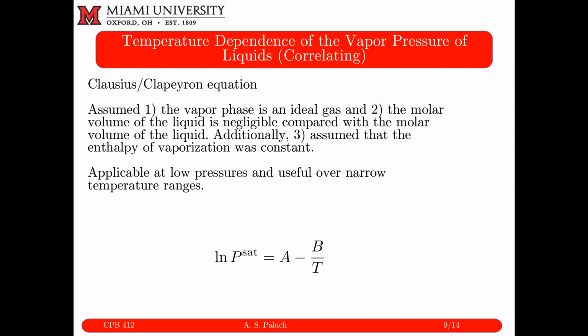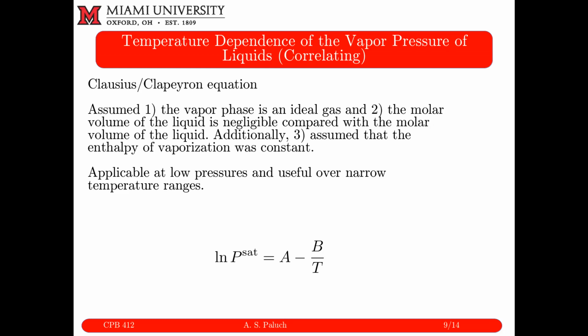It also gives us some insight in terms of how to develop useful engineering relationships. So our Clapeyron equation, once again, assumed that the vapor phase was an ideal gas, and the molar volume of the liquid was negligible compared to the vapor, or equivalently the delta Z of vaporization is equal to 1. So that's a reasonable approximation, well removed from the critical point. The bigger approximation is we assumed that the enthalpy of vaporization was constant.